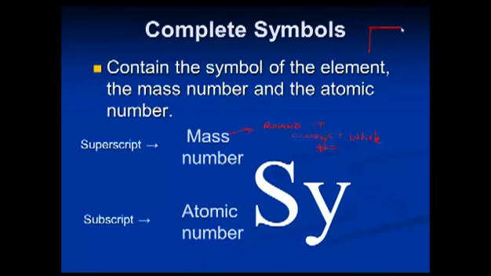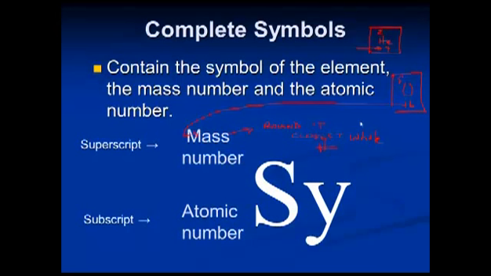For example, when I drew helium before, helium had a 2 on top, He, and a 4 on the bottom. This 4 is the mass number. Oxygen, element 8, has a symbol of O and a mass number of 16. That mass number is what's going to go on top.